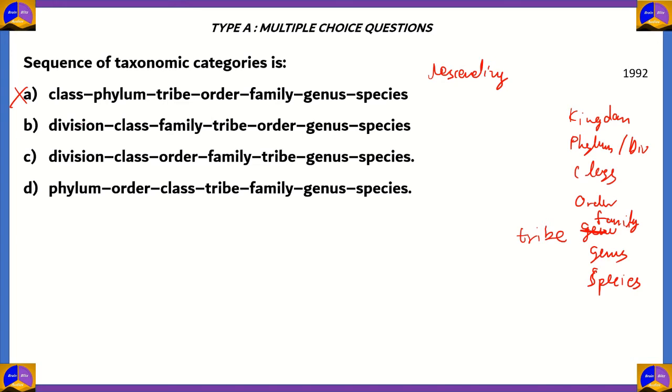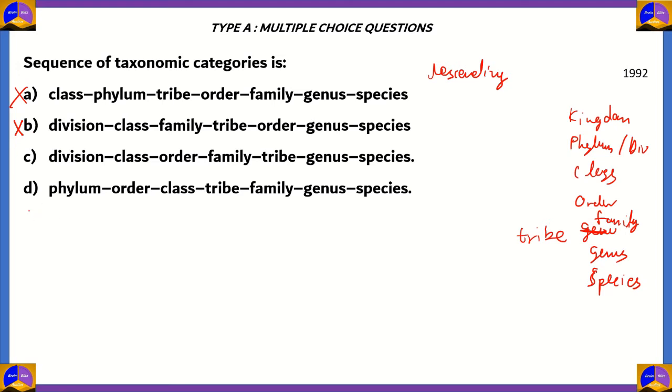Now, division or phylum is bigger than class, but over here, in the original hierarchy, family comes below order. However, it says here that family is larger than tribe, which is larger than order. Whereas, in fact, order is larger than family. So that means option B is also incorrect.